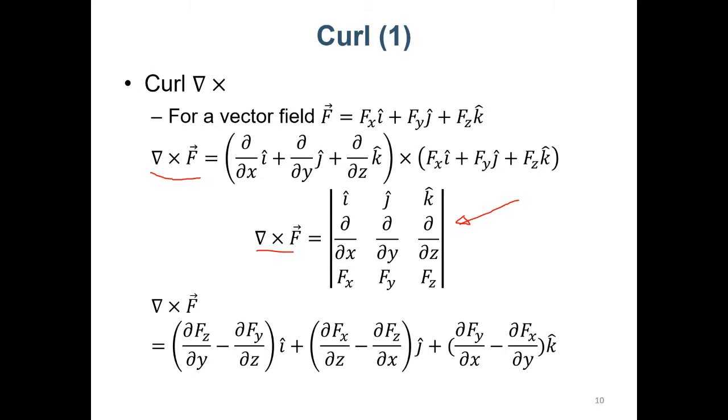So finally, you can expand the determinant so that the curl of f can be written like this: i times partial fz, partial y, minus partial fy, partial z, and so on. You only need to expand it. Then you get this expression, and this is the definition of curl.